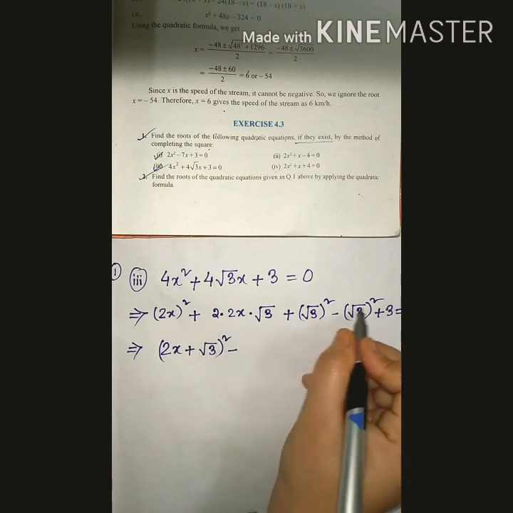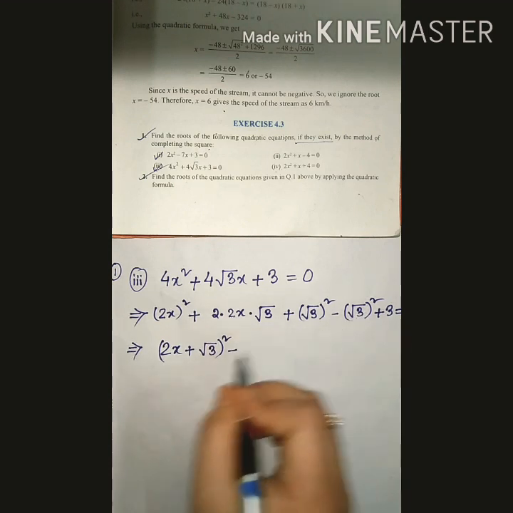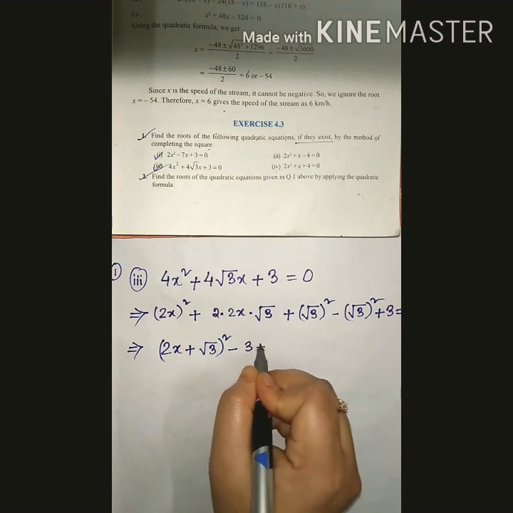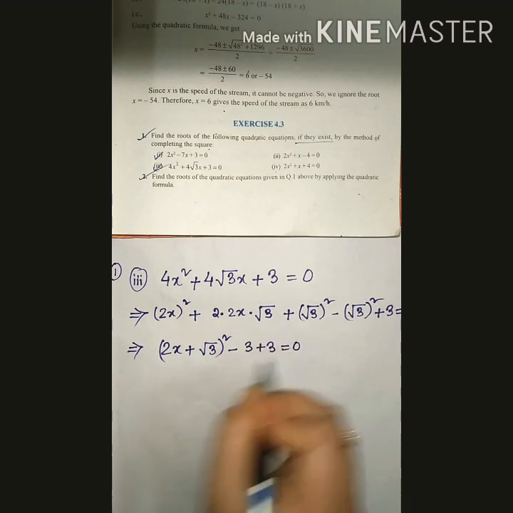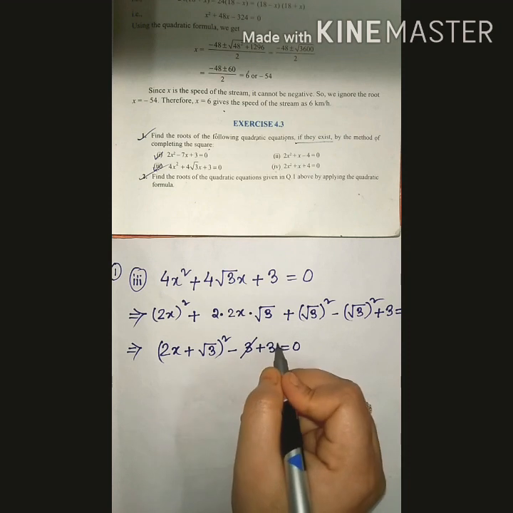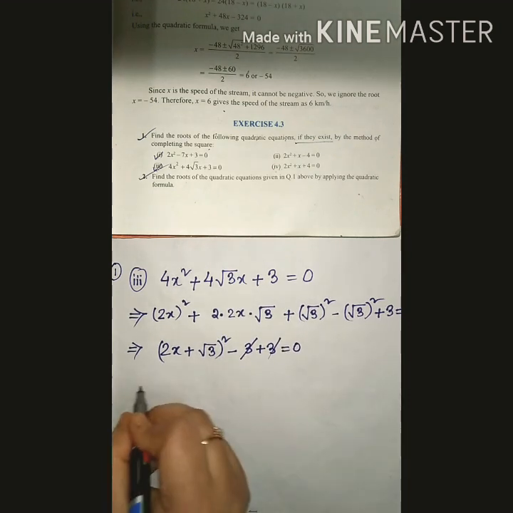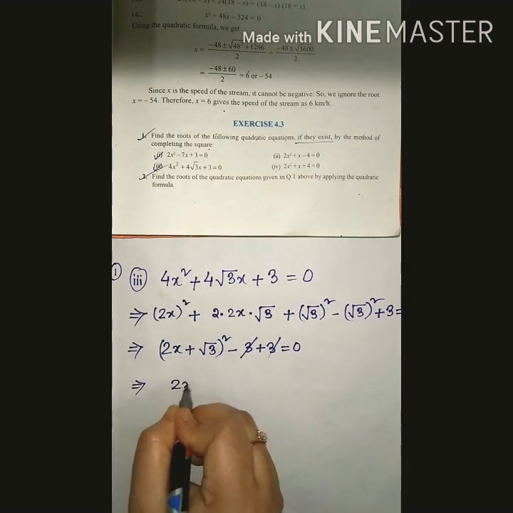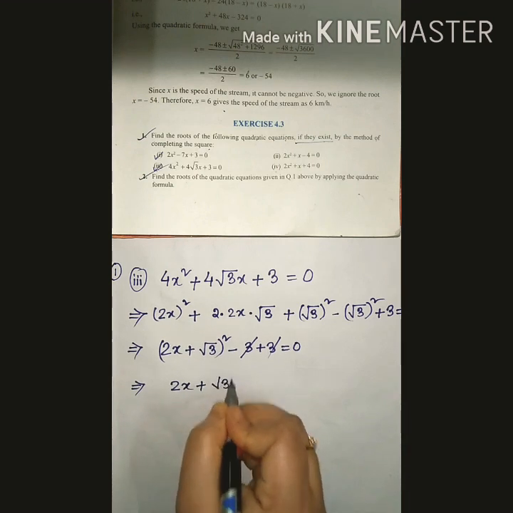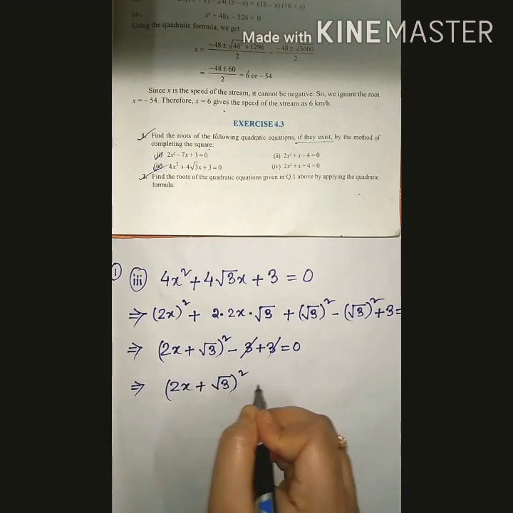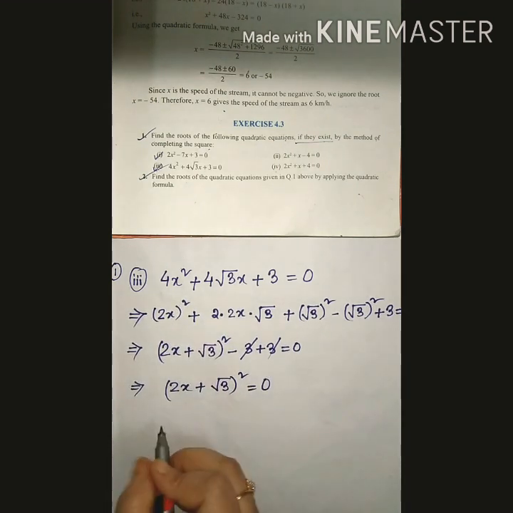Minus (√3)². That means √3 into √3, which is 3, +3 equal to 0. Minus 3 plus 3 cancel, and you will get (2x + √3)² equal to 0.